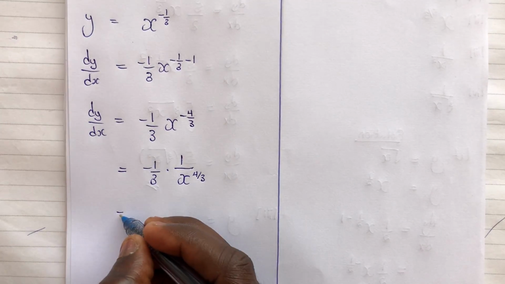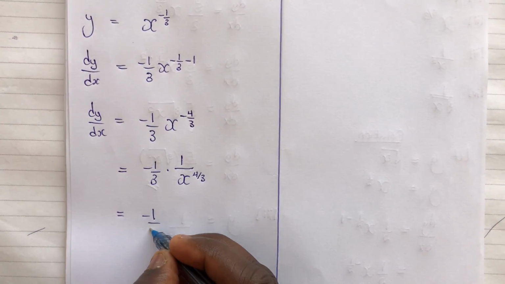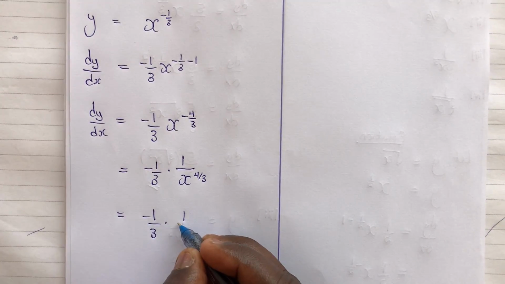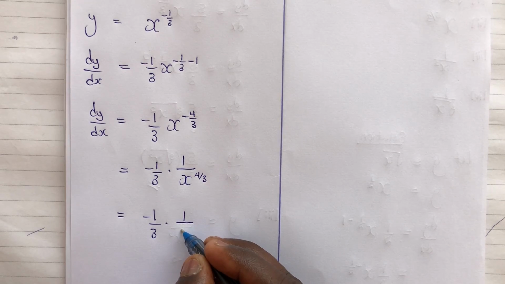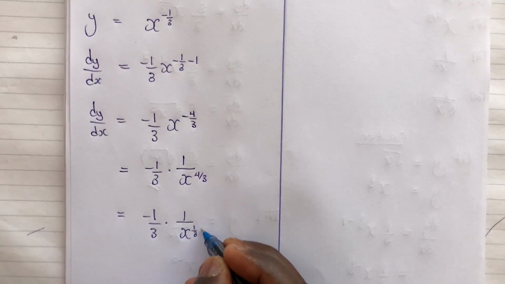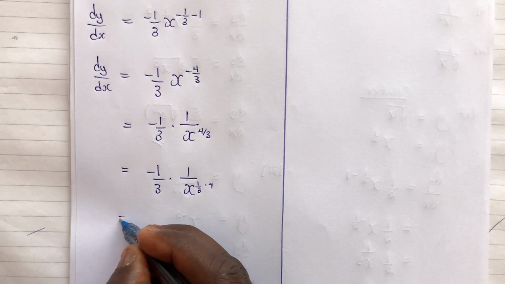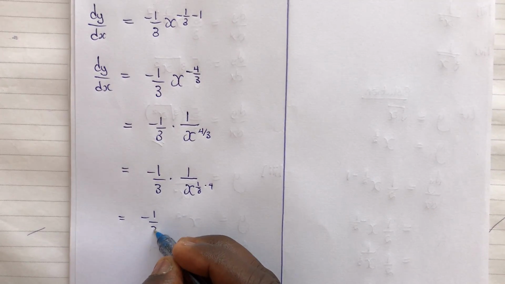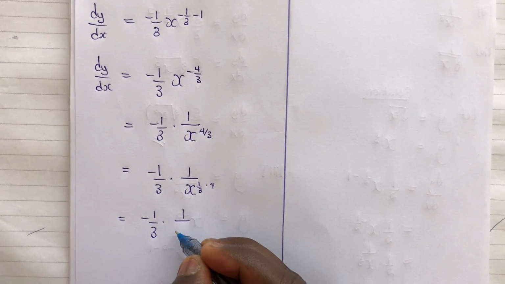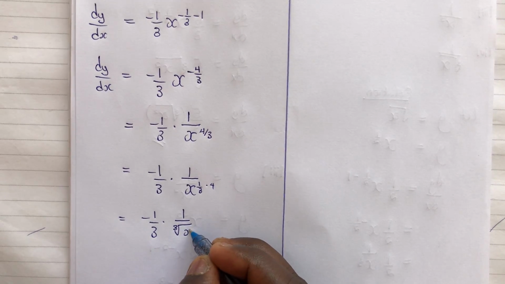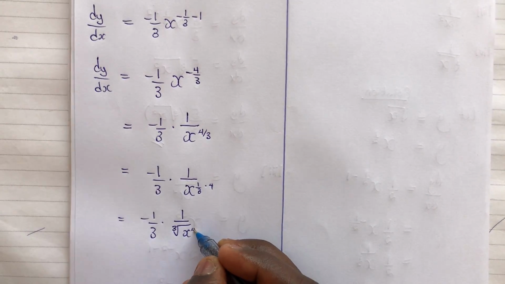Okay, so if we have 4 over 3, then I can factorize the numerator out like I told you, and I'll have a cube root. So this is the same as negative 1 out of 3 times 1 over, let me show that, x to the power 1 out of 3 times 4. Okay, so from here we can now move to negative 1 out of 3 times 1 over cube root of x. This 4 is now here.